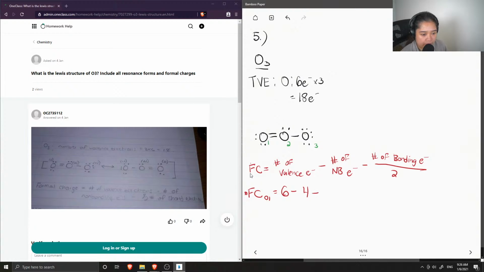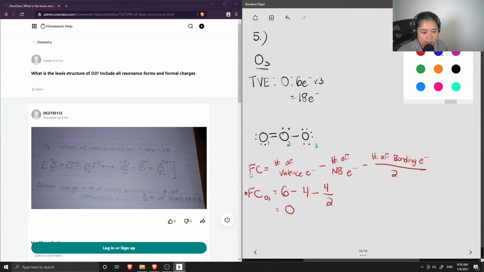And then the number of bonding electrons is also 4, but we divide this by 2. So 6 minus 4 minus 2 is equal to 0. So the first oxygen doesn't have a charge.